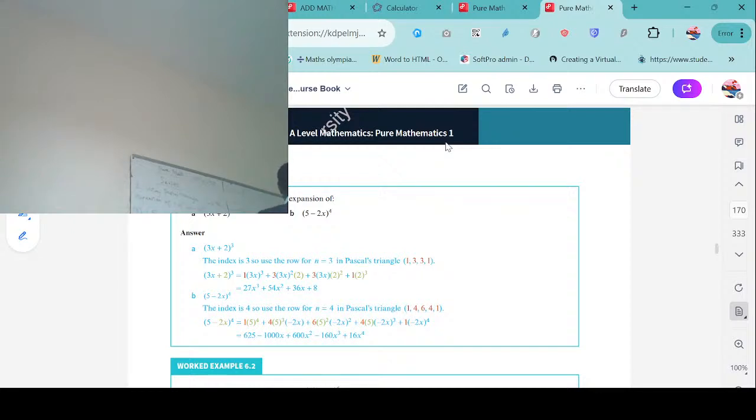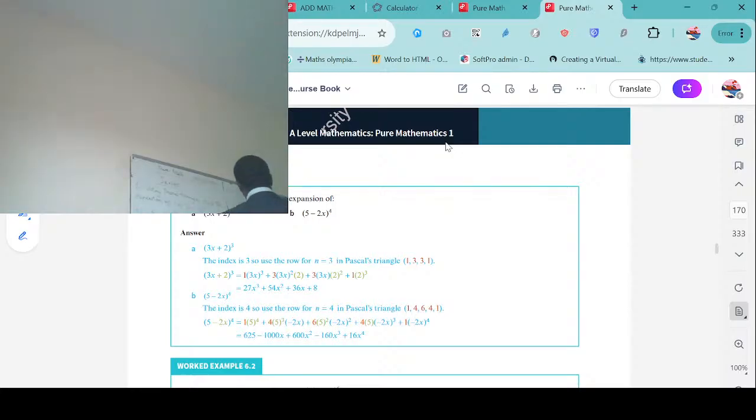Hold on, there's a mistake here. 25 times 6 is 150, but this should be 150 times 4, so this is going to be 600x squared. Yes, 600x squared. Then 20 times 8 is 160, so this one is correct: negative 160x cubed.